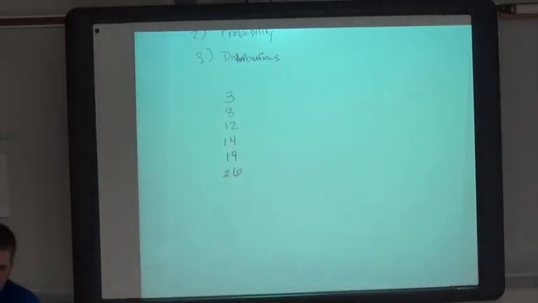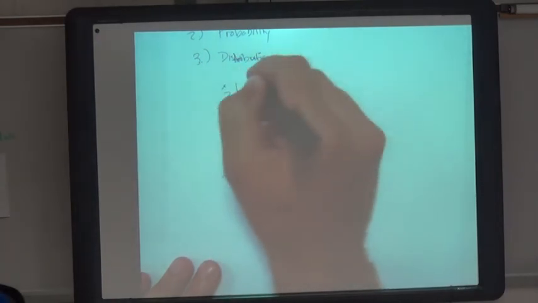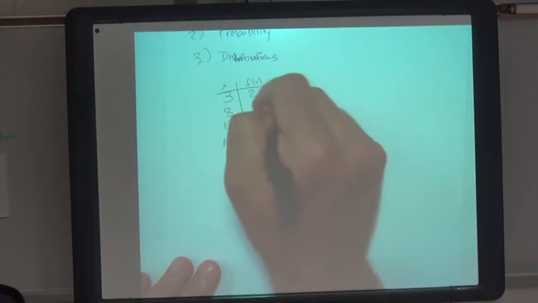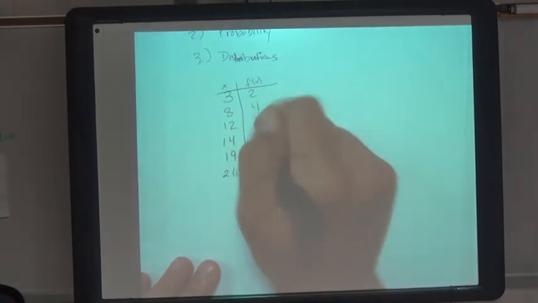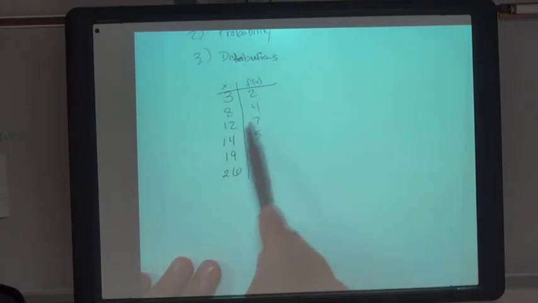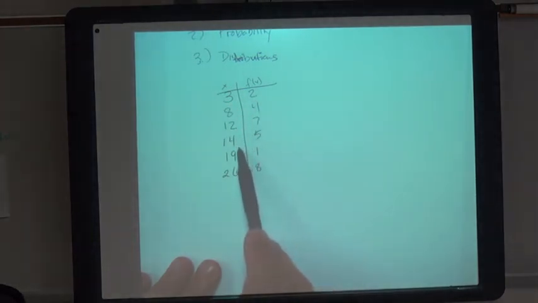Now, just to reiterate, if you did have frequencies, if this was X and this was frequency of X, you don't need to enter 2 3s and 4 8s and 7 12s and 5 14s.